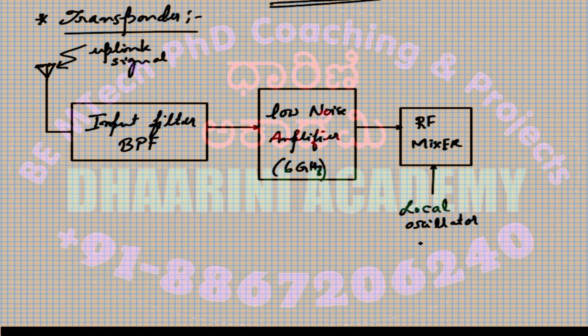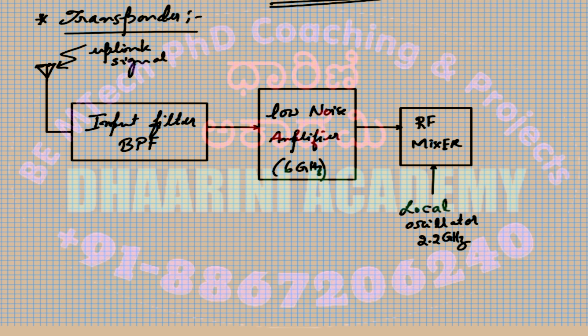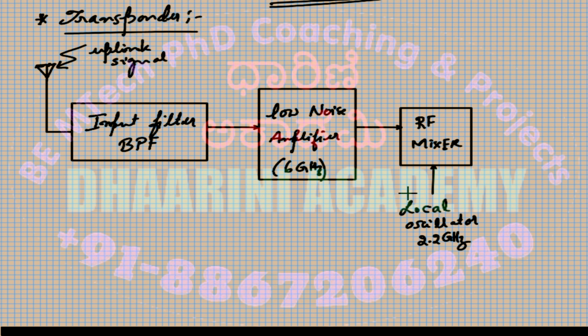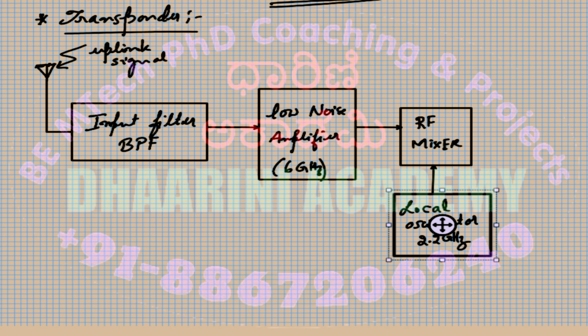The required frequency of this local oscillator is approximately 2.2 gigahertz. Now you see, 6 plus 2.2 and 6 minus 2.2, two frequencies will come at the output. So out of that, I have to select the appropriate frequency.